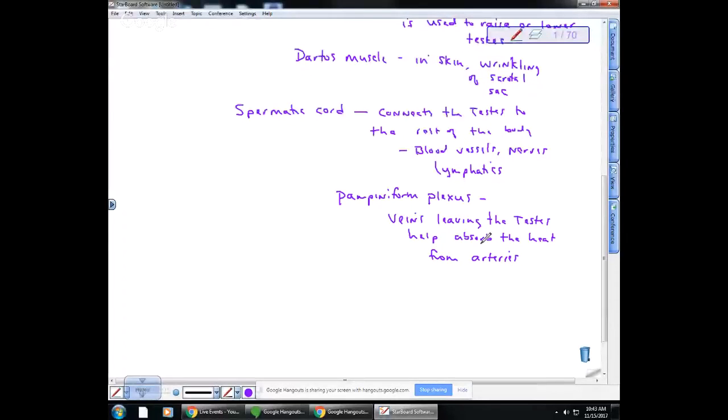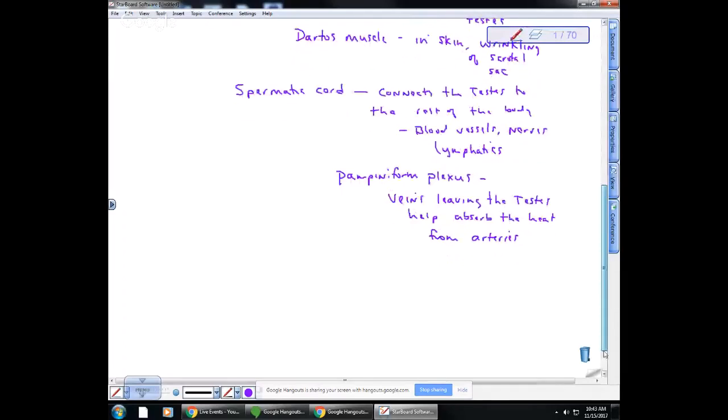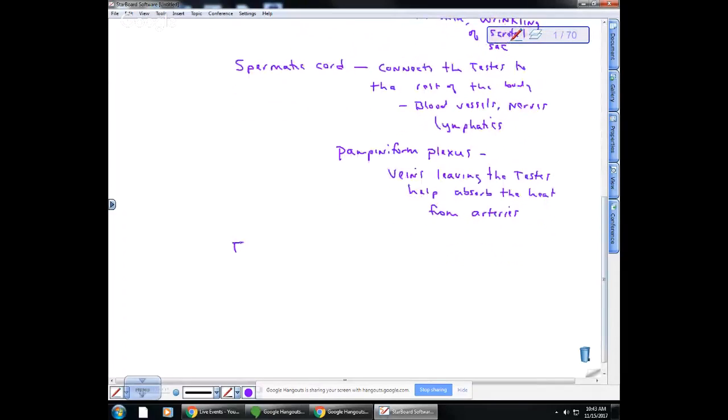So if we look at another structure that's really important, that's near to the testes and actually attached to the testes, this is the epididymis. And what this does is it stores the sperm prior to ejaculation. That's the epididymis.